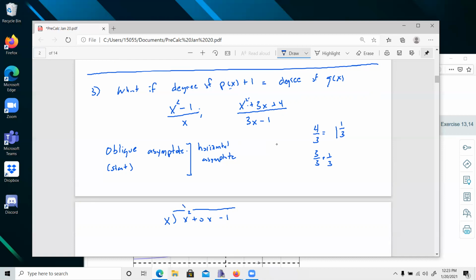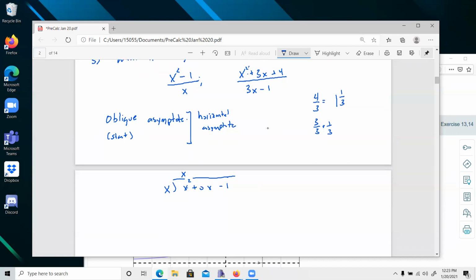We say x goes into x squared, x times. So x times x is x squared, and then we subtract. 0, 0. And then x goes into 0 x's 0 times. Then we have a -1, and x does not go into -1, so this is our remainder.